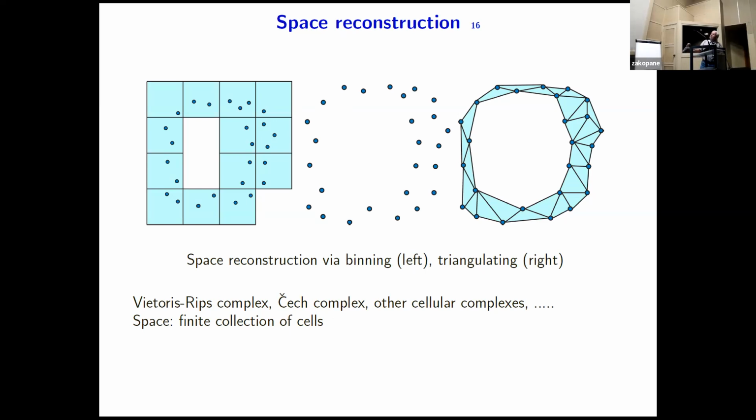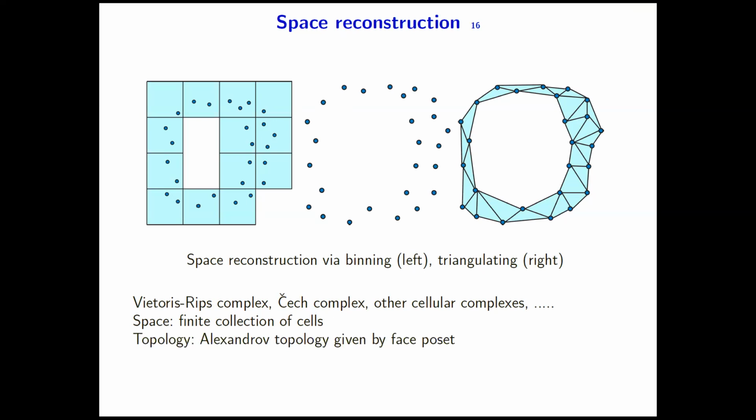And so the most used techniques are the Vietoris complex, the Čech complex, other similar complexes, and so on. What is interesting here, once you build, it doesn't matter whether this will be this cubical set or the simplicial complex or a more sophisticated cellular complex, you have, of course, the topology inherited from R^n, this high-dimensional vector space.